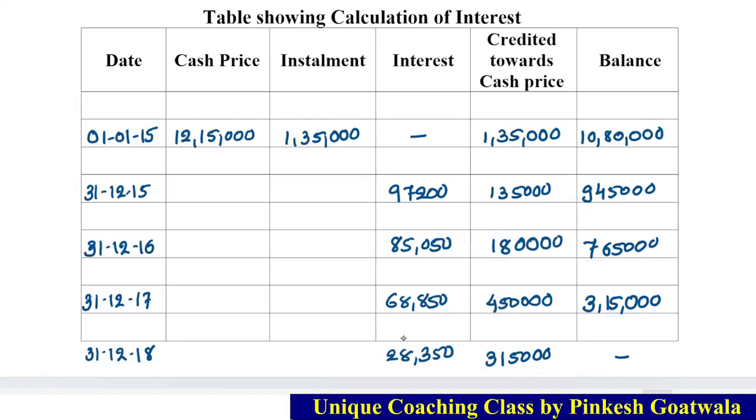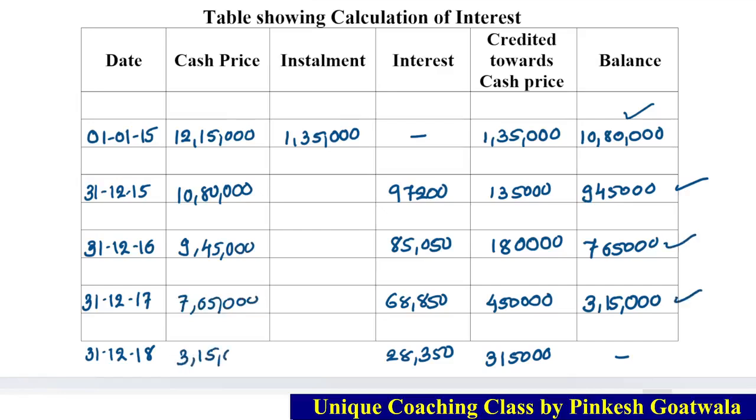Okay, now we know that this balance is transferred to the next year. Here 1080 will come here, 9,45,000 come here, 7,65,000 here, and 3,15,000 will be here.